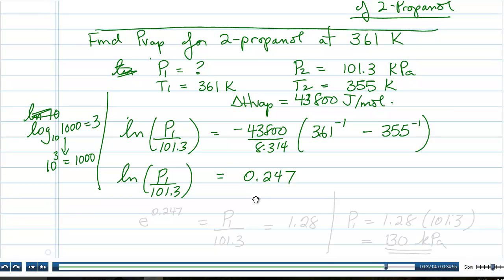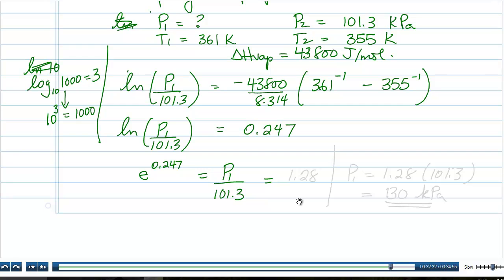So if we use the same logic, we remember that the base of the natural logarithm is the number e. So I'm going to write e, the base, to the power of that number out to the right, to the power of 0.247, must equal the stuff that was inside my natural logarithm. So P1 over 101.3.